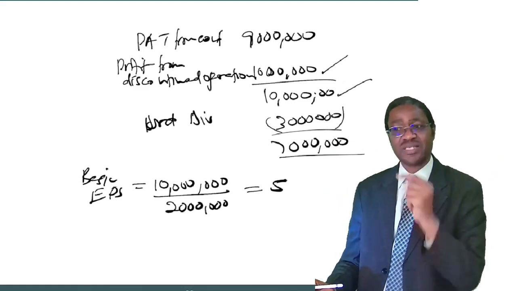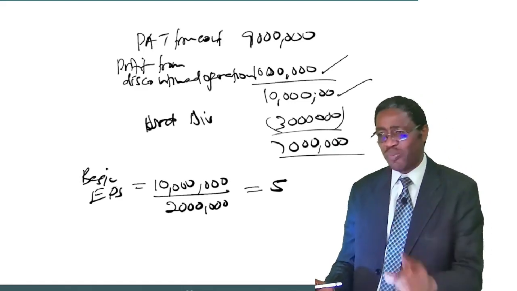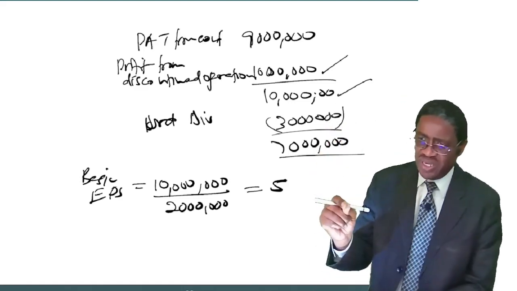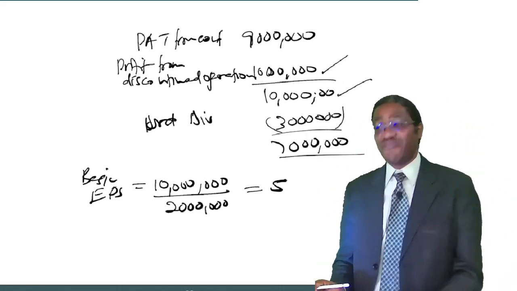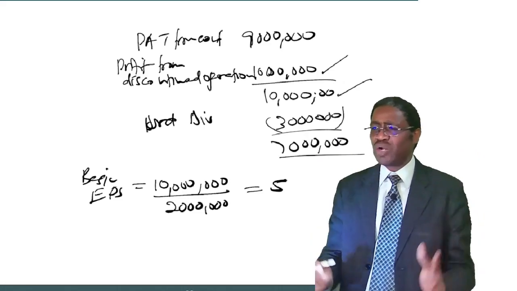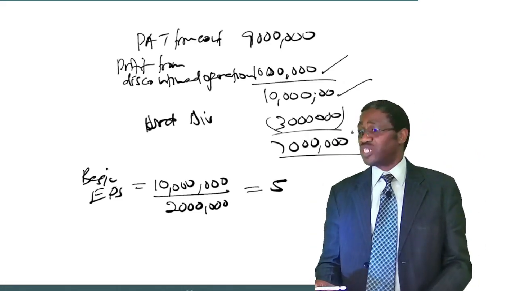So if your company has a discontinued operation, it is obvious that they are not going to be earning from that operation in the future. They have discontinued one of their branches or one of their subsidiaries, whatever it is.